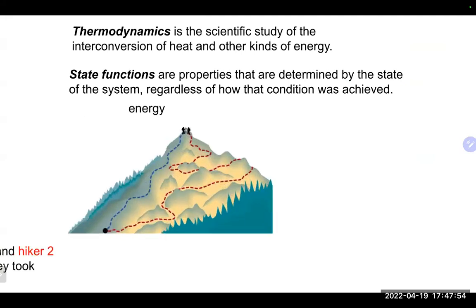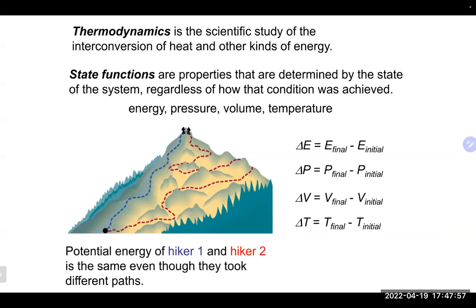So thermodynamics is the study of the interconversion of heat and other kinds of energy. Especially in this chapter, we're going to really focus on energy. Later on, when we go back to the regular chapters, like 16 or 17, we will talk about the rest of the thermodynamic properties. But the overwhelming thing that we look at when we think about thermodynamics is whether or not the process will be spontaneous or non-spontaneous.